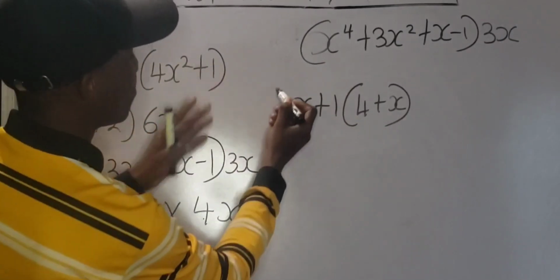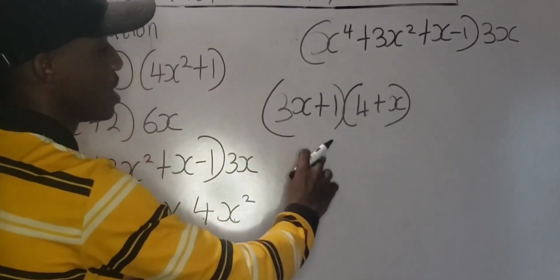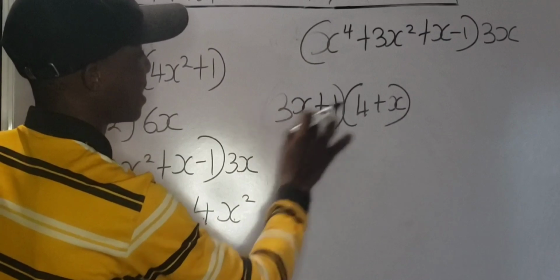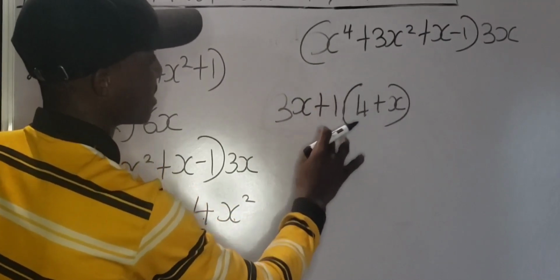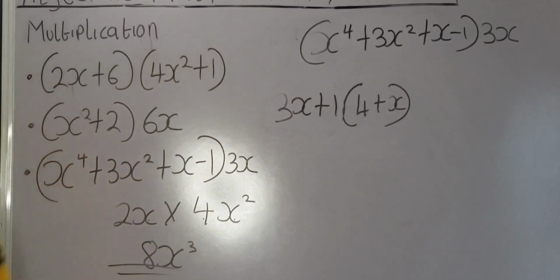Why? Because there is no bracket. As soon as I have a bracket like this, I can proceed to multiply both. But I didn't have any bracket. So it's only this one that will multiply this. You understand? It's important that you note that. Okay, so let's proceed with our example.